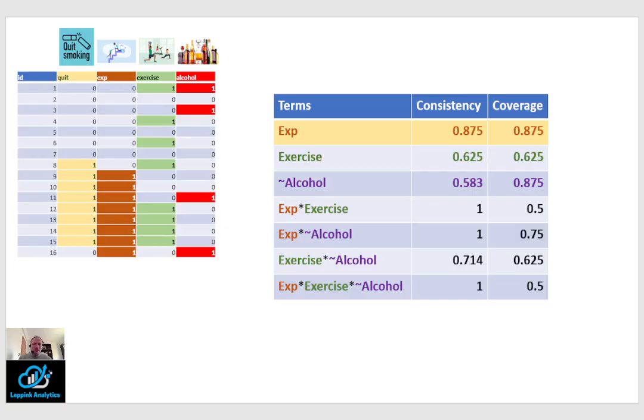However, the FSQCA program will propose the combined occurrence of health intervention and a low alcohol intake as the preferred solution for this dataset, because this solution is, at least in this small sample, perfectly consistent, hence no exceptions to the rule, and has a considerably better coverage than the 2 alternatives that have a perfect consistency.